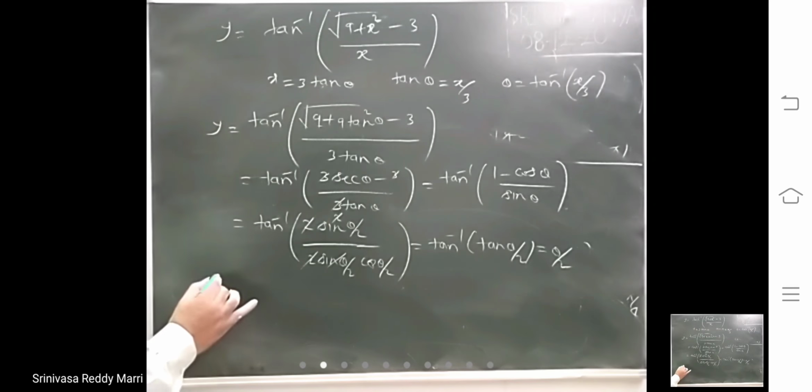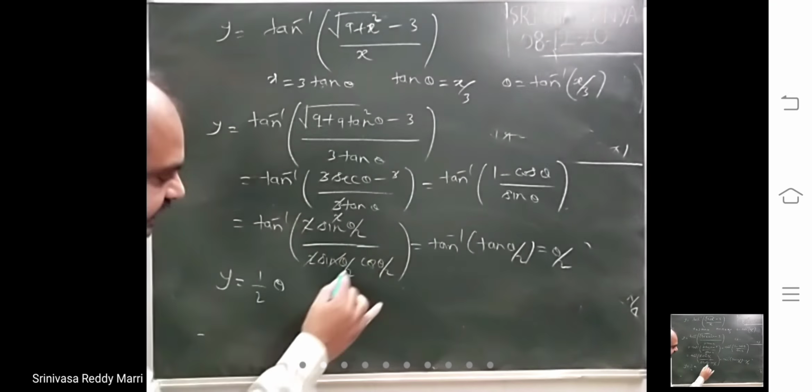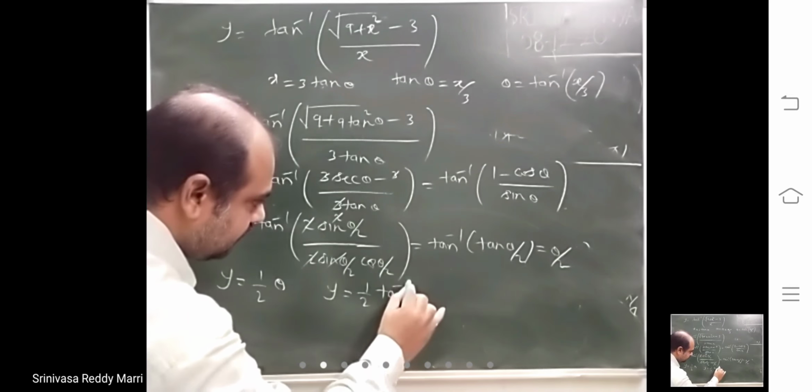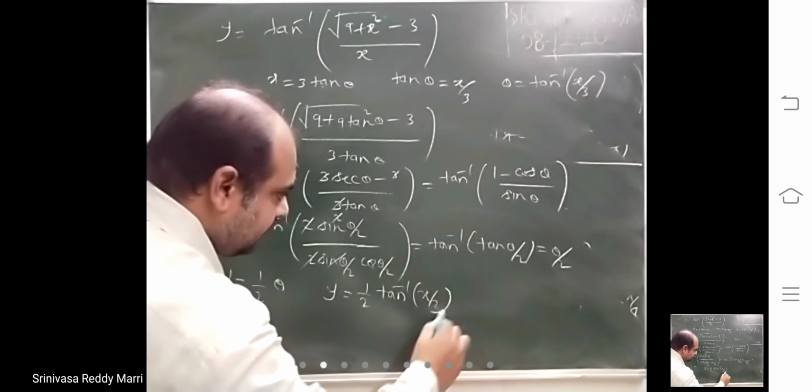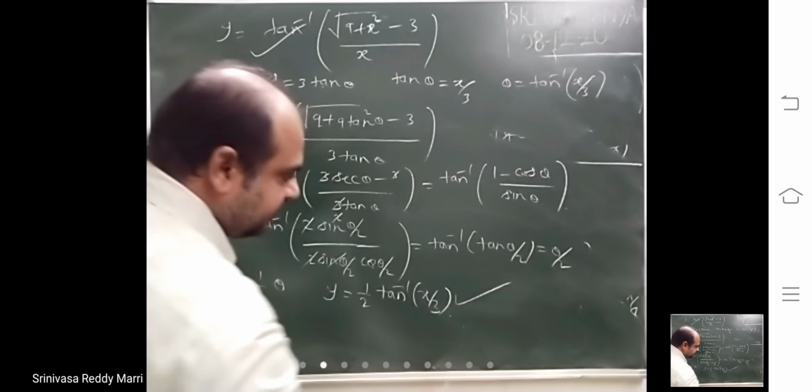Therefore y is 1 by 2 into theta. What is theta? Theta is tan inverse x by 3. Now this bigger version is equal to this.